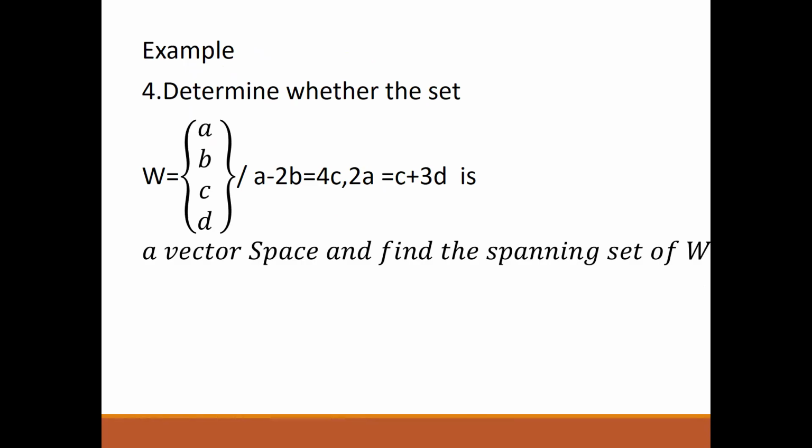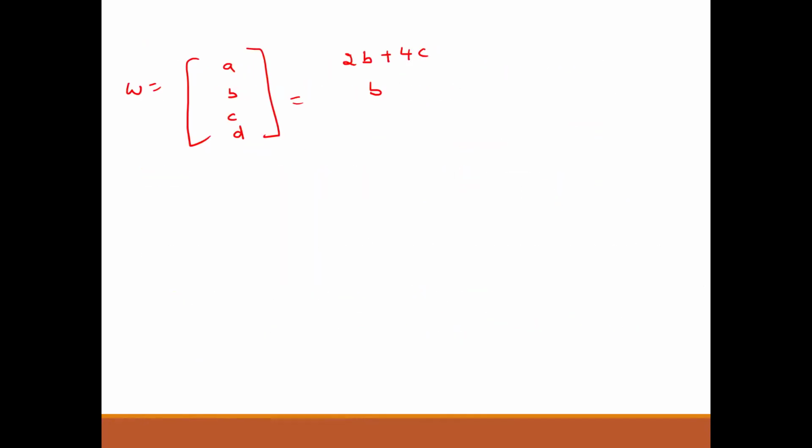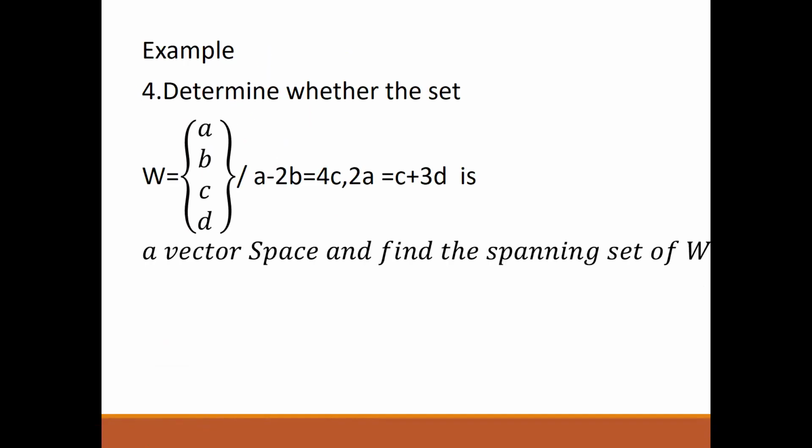Okay. Then we'll do one thing. We'll change B. So we'll do one thing. 1 minute. So W is equal to A, B, C, D. So see the conditions.